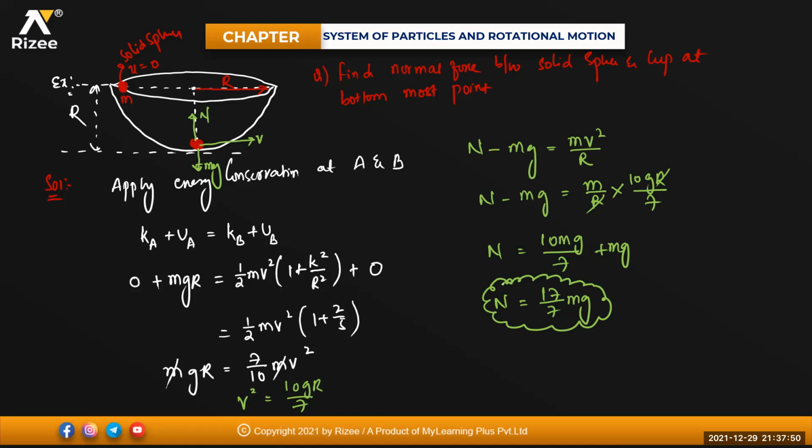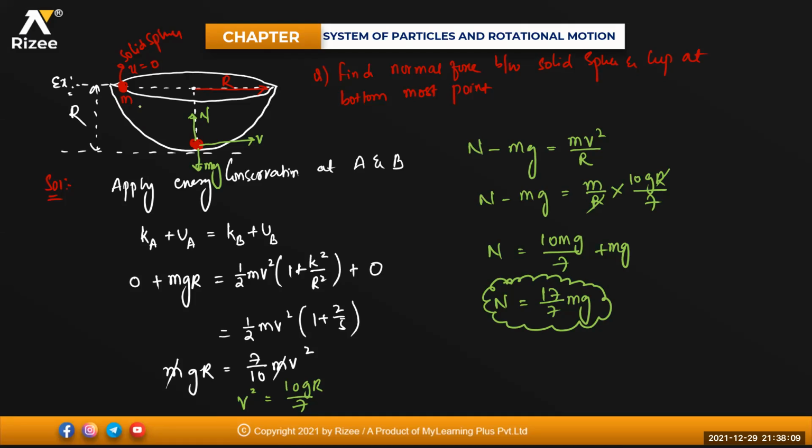I'll repeat the question. We have a solid sphere of mass m which has been released from rest from the rim of this hemispherical cup, and it is rolling along this surface. As it is rolling, it is a combination of translatory and rotatory motion.